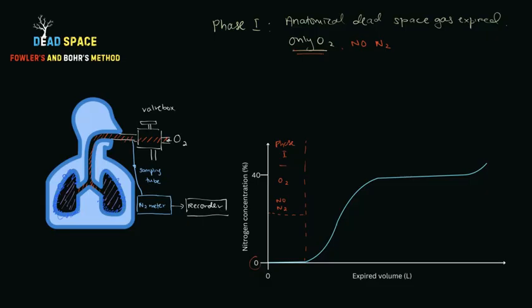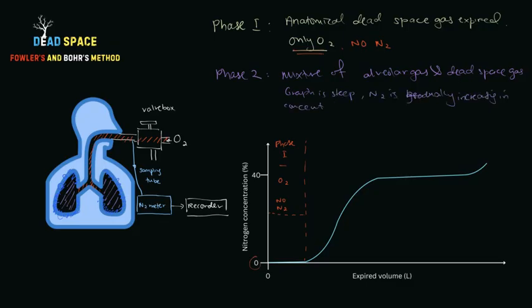No nitrogen is detected in phase 1. Then it comes into phase 2 where we see this upgoing slope. This is a mixture of alveolar gas and dead space gas. So the graph is steep because we constantly detect the increasing amount of nitrogen being exhaled from the alveolar gas, the ventilated portion of the lung.